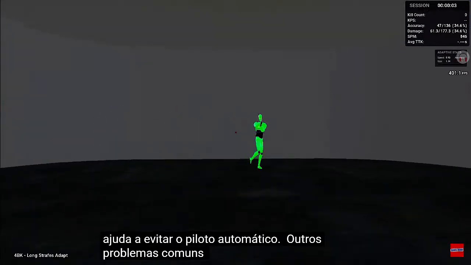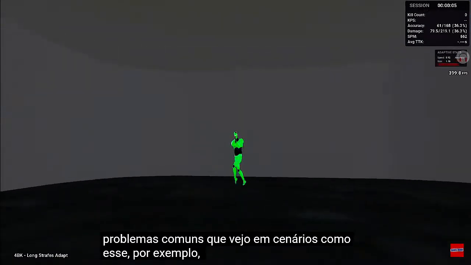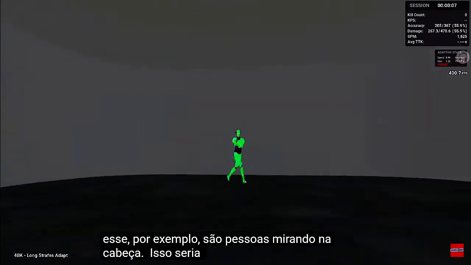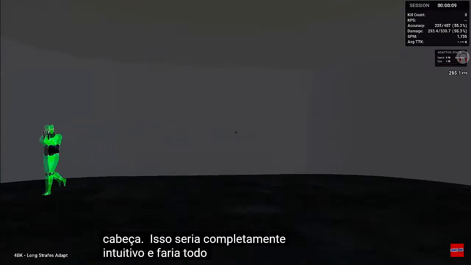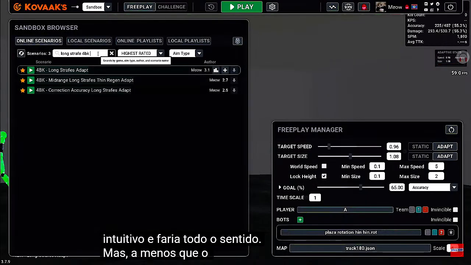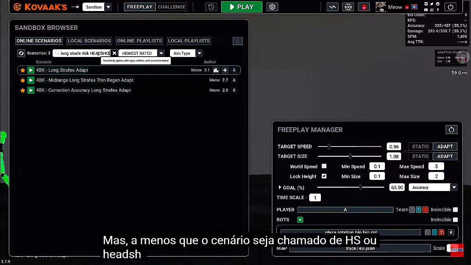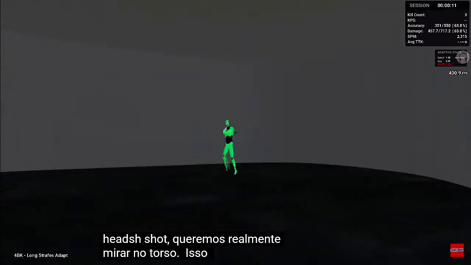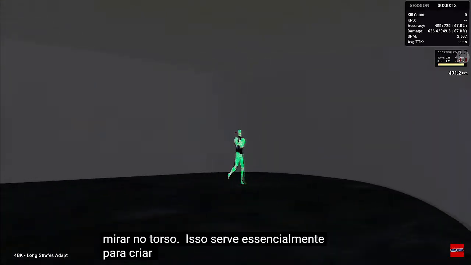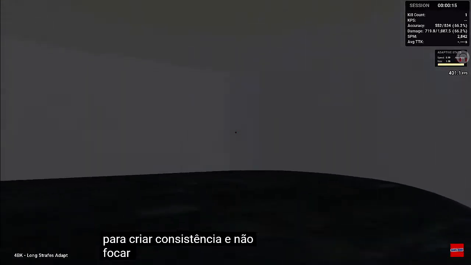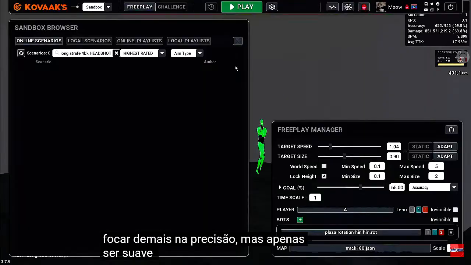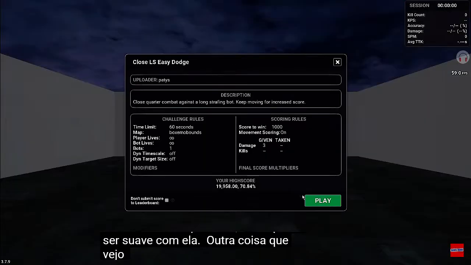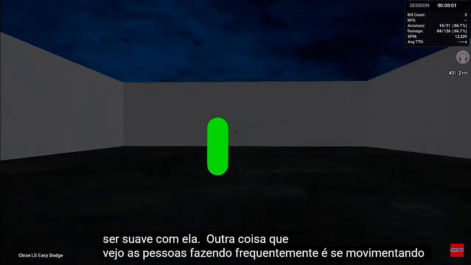Some other common issues I see in a scenario like this, for example, is people aiming at the head. This would be completely intuitive and makes sense, but unless the scenario is called HS or headshot, we want to actually be aiming at the torso. This is essentially to build up consistency and not overly focus on the precision part, but just being smooth with it. Another thing I see people frequently doing is moving in scenarios.